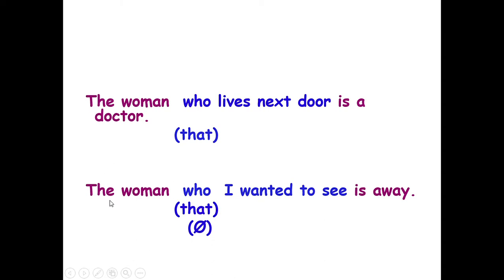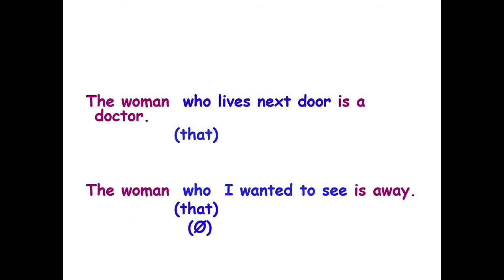Read the two examples. The woman who lives next door is a doctor. The second sentence: the woman who I wanted to see is away. In the first sentence, note that the clause in blue gives essential and necessary information.